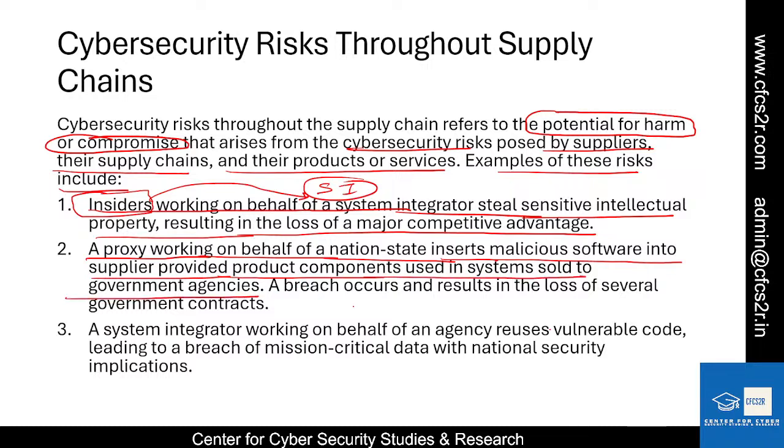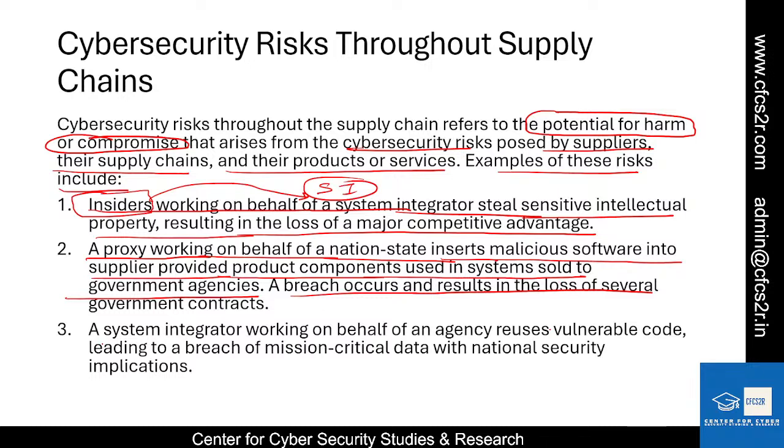So if some country is providing certain software, and malicious software is embedded into that part, a breach can happen, which can result in the loss of several government contracts.